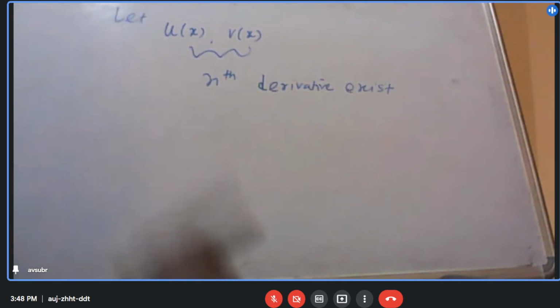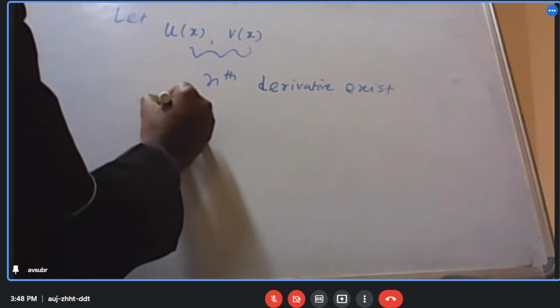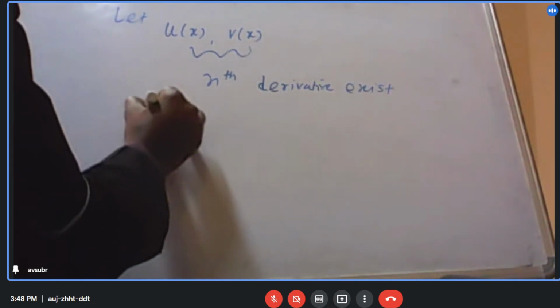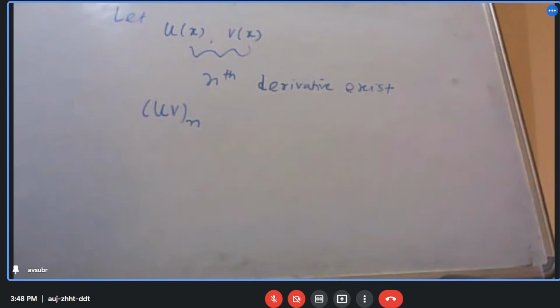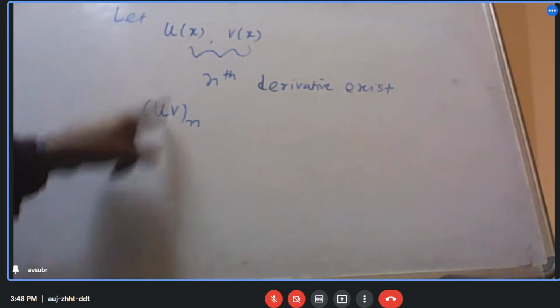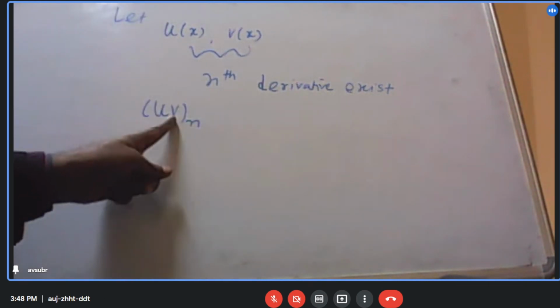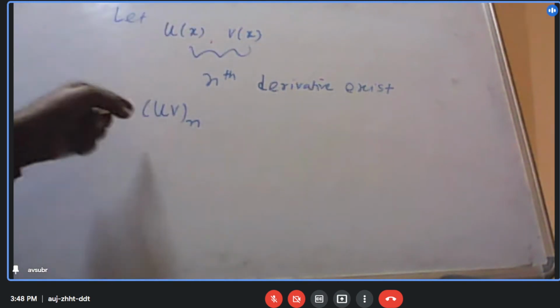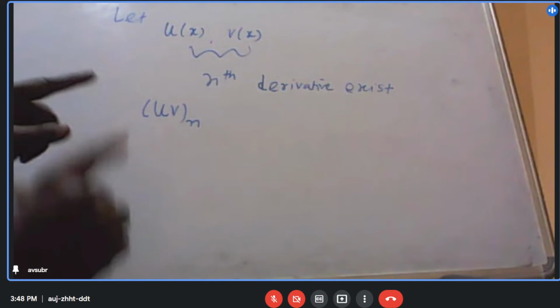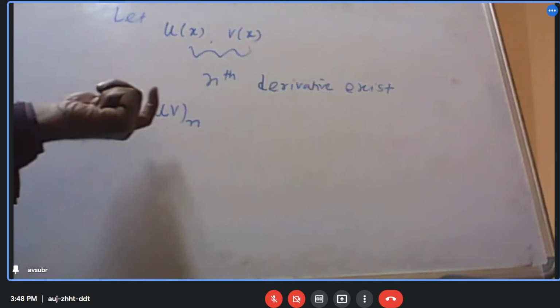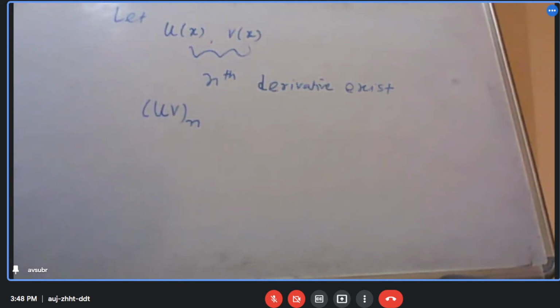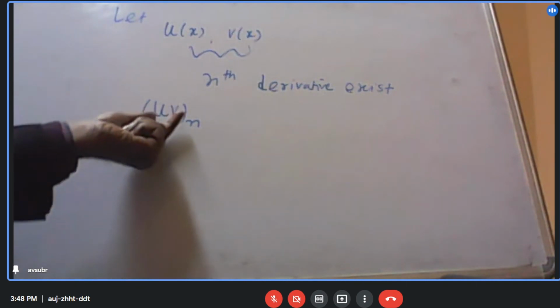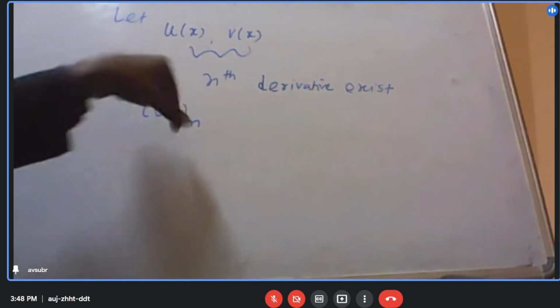Then, if I want to find the n-th derivative of their product, this is one function which depends on x, this is another function which depends upon x. I want to find the n-th derivative of the product of these two.